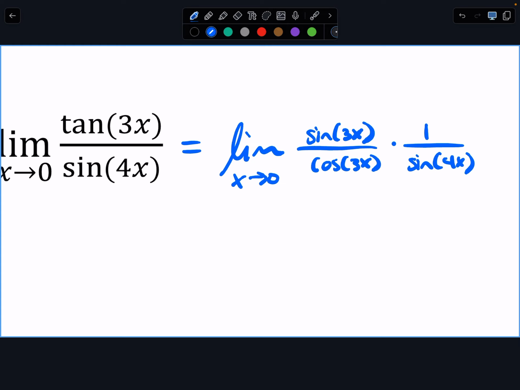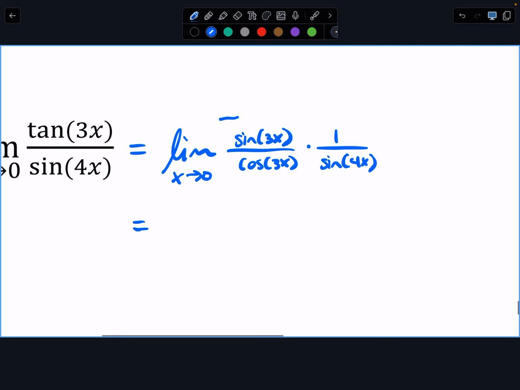But the sine of 3x and sine of 4x, you maybe could have used some identities like double angle or angle sum and difference. I didn't do it that way. The way that I did it is I was like, what if I multiply by a version of 1? Because I'm thinking special trig limits.